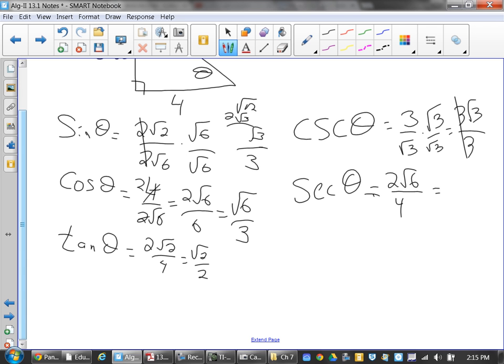Simplified right there, you get root 6 over 2. There's your secant. If you rationalize 3 over root 6, you'd get the same thing. Same idea when you go to your cotangent. You're just rationalizing it out again. The cotangent would be 2 over root 2.